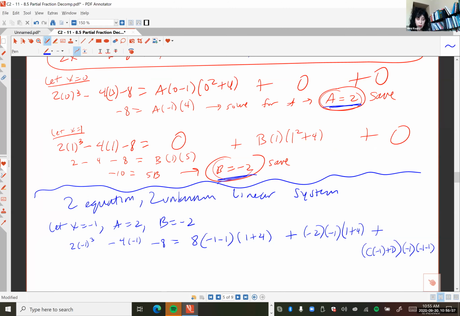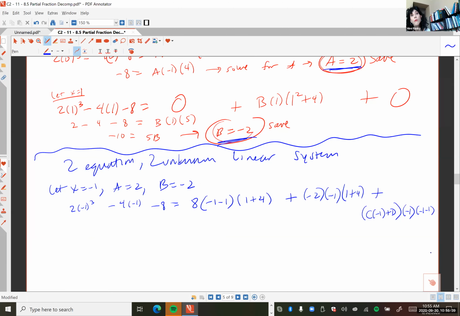So clean this mess up. This is going to take some time, but this is going to be an equation where C and D are unknown. So if I do the math here slowly, I'm going to have negative 2 minus 4 minus 8 equals 8 times negative 2 times 5 plus positive 2 times 5 plus, and then here I still have negative C plus D, and then this number right here, what is that?